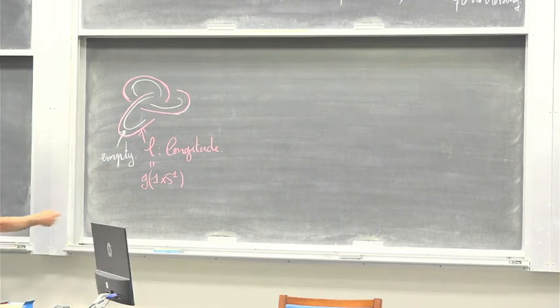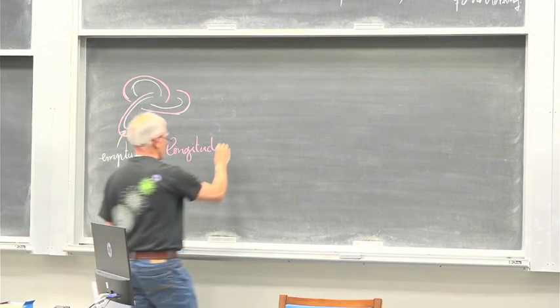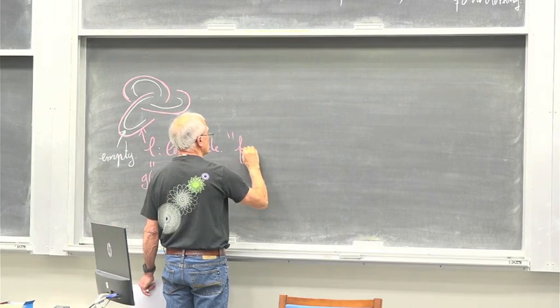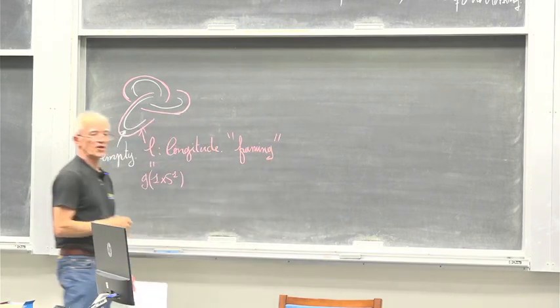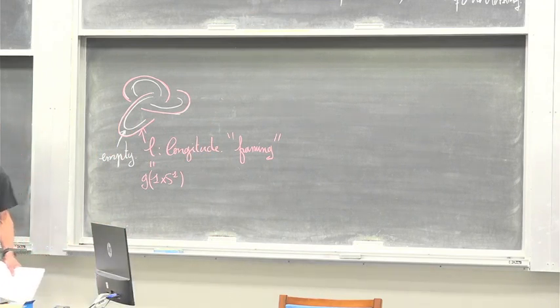In fact, this longitude will be a parallel copy of the core of the knot. We say a framing. And this is enough to know this longitude to know the embedding up to isotopy.